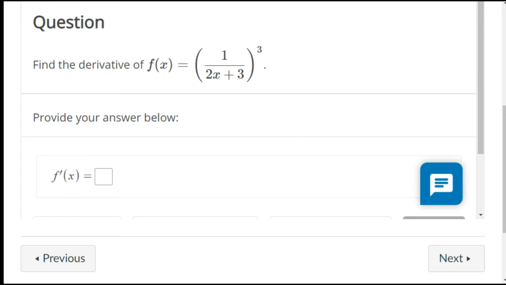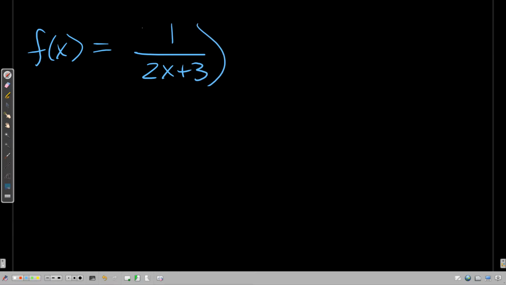If you had to do this derivative right here, you could multiply that out. You might make a mistake, but you could do it. We're not going to, because it's a headache, and the chain rule makes it so that you don't need to.